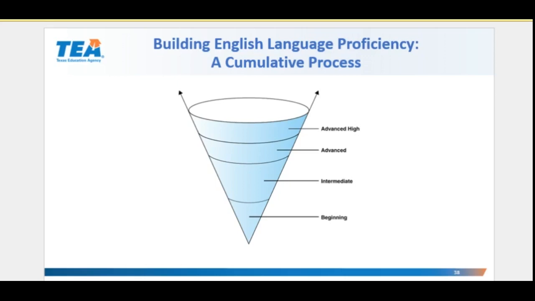Students move through proficiency levels at different rates depending on factors such as age, language facility, and instructional variables. Some students progress more quickly in certain domains than others. Some students may progress more quickly in speaking than writing.